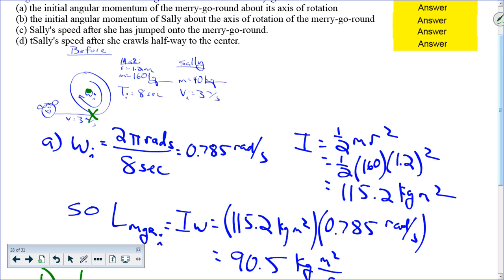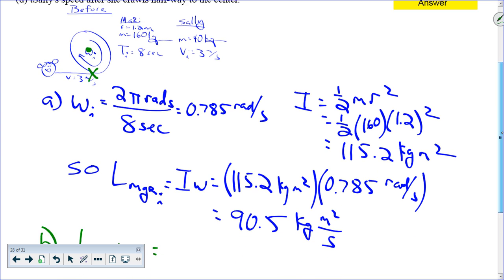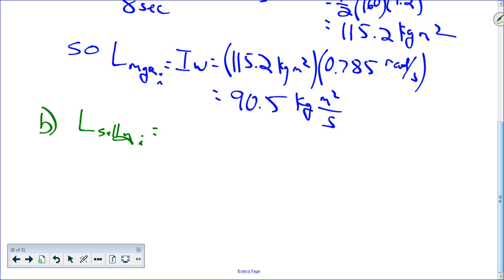All right, so it turns out there's a little shortcut you can use to find the angular momentum of a point particle. I'll be honest with you, I can never remember what the shortcut is, so I always just figure it out. So look, it's I times omega, right?